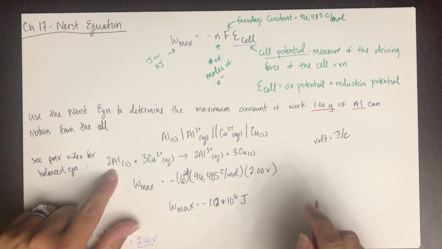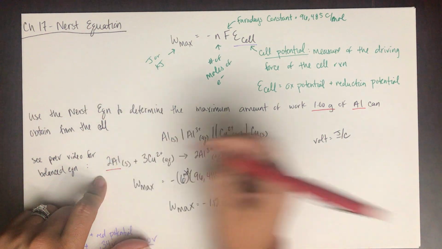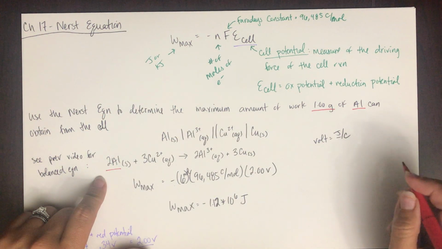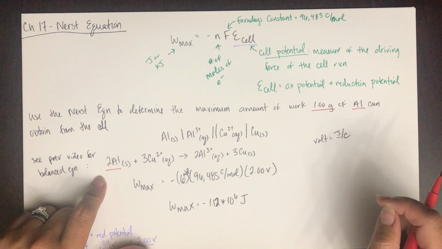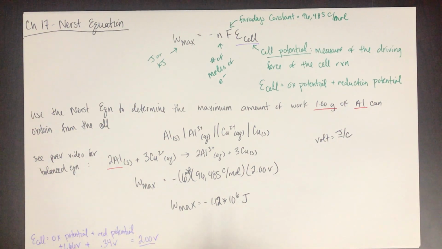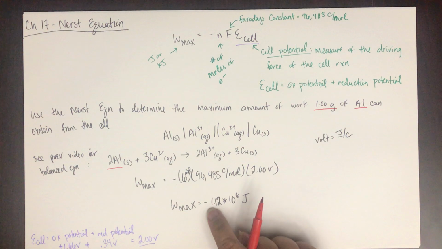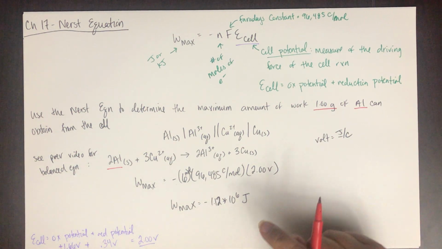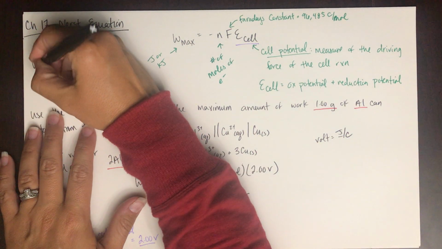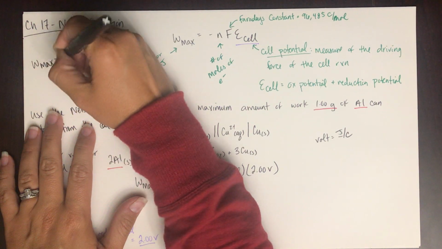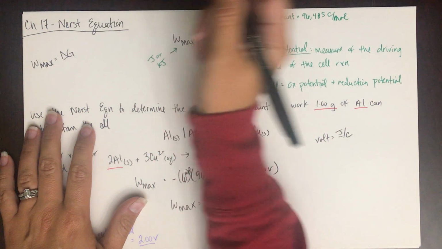Well, this balanced chemical equation is for 2 moles of aluminum. So 2 moles of aluminum produces this much work, and this sign is negative, meaning that this is a spontaneous reaction, because remember, at constant pressure, maximum amount of work equals delta G, which is Gibbs free energy.